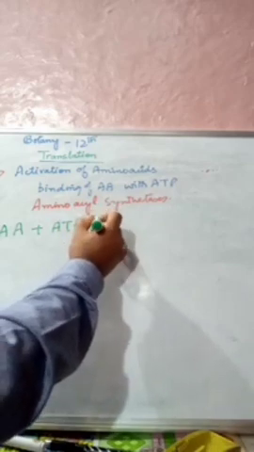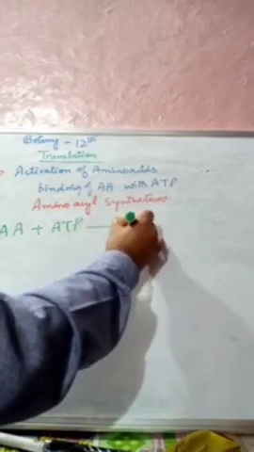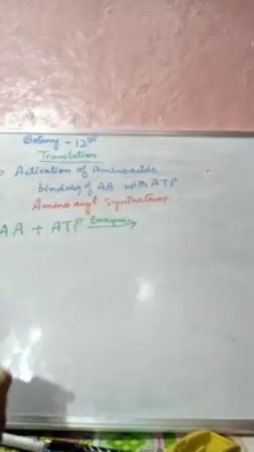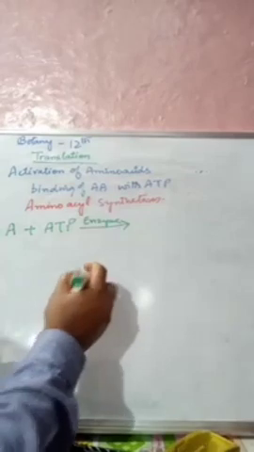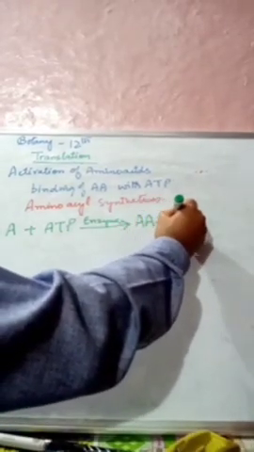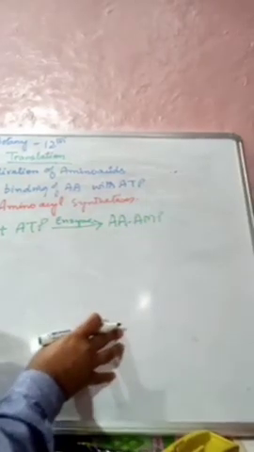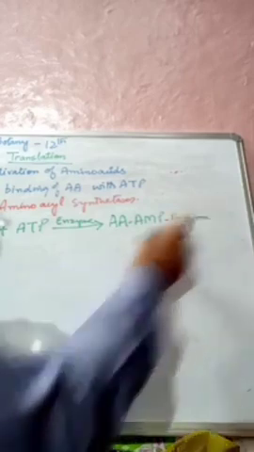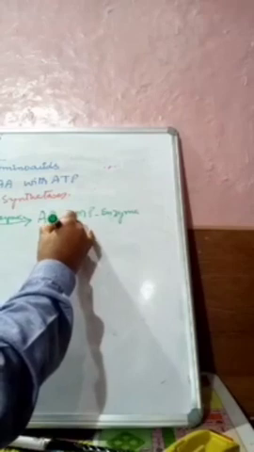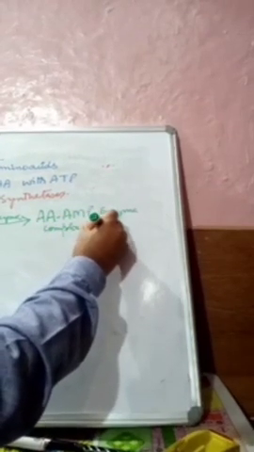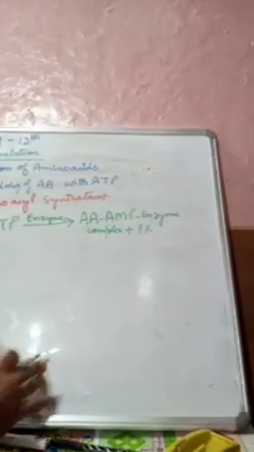In this whole reaction, this enzyme, amino acyl synthetase, gives rise to AA-AMP-enzyme complex plus PPi, pyrophosphate.